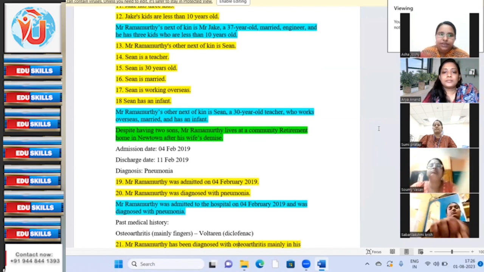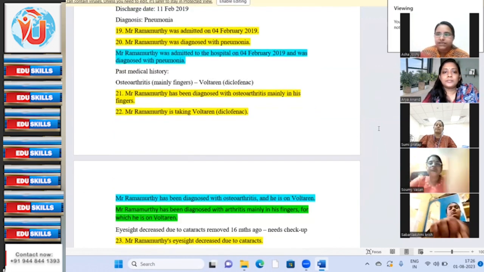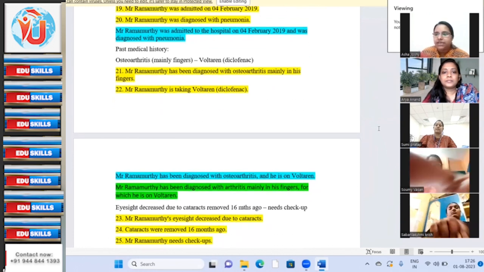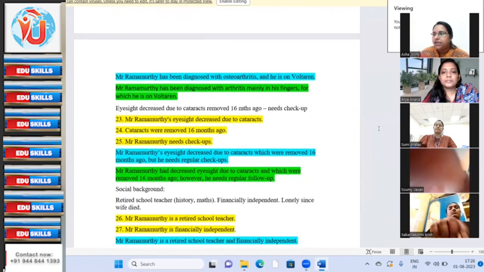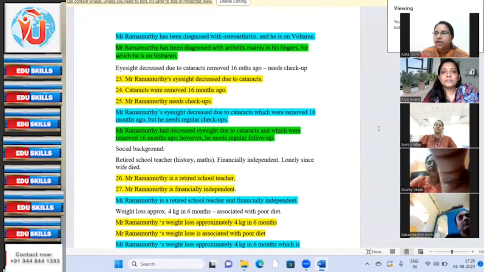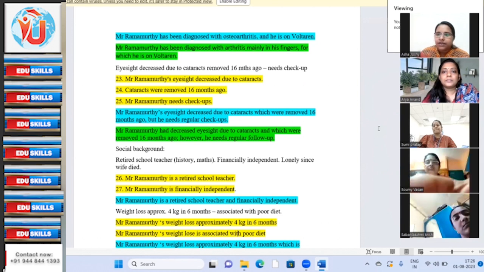Then moving to another complex sentence. Mr. Ramamurthy has been diagnosed with osteoarthritis mainly in his fingers. That is a simple sentence.